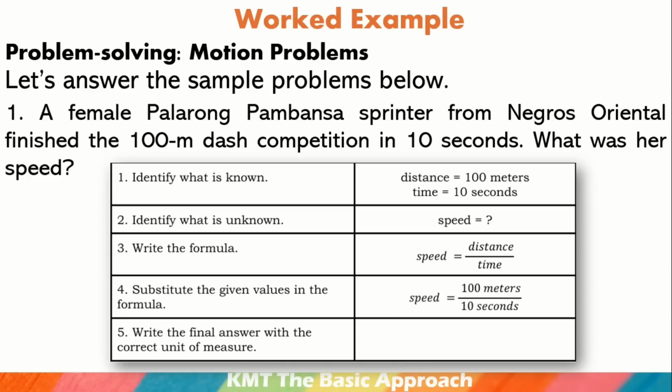Speed equals 100 meters divided by 10 seconds. And the last part, write the final answer with the correct unit of measure. Good job! Speed equals 10 meters per second.